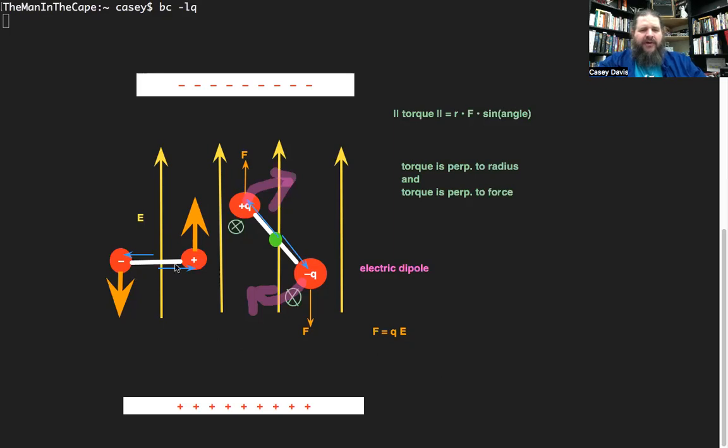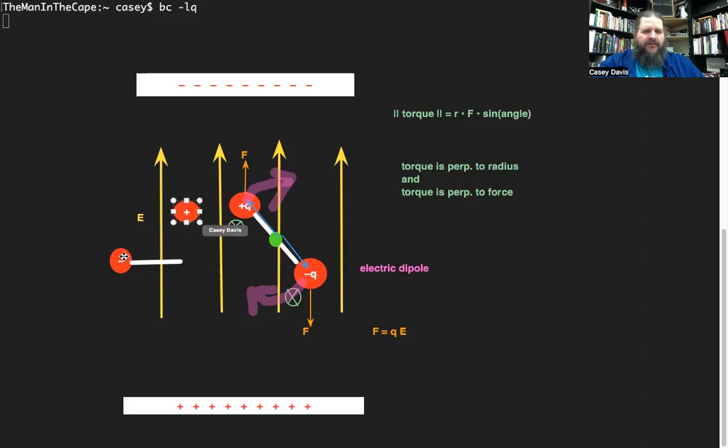So if the dipole is oriented perpendicular to the electric field, we get a very strong torque, which means it's going to rotationally accelerate quite a bit. But what orientation is going to lead to no torque at all? How would we arrange this if we wanted no torque? Vertically?